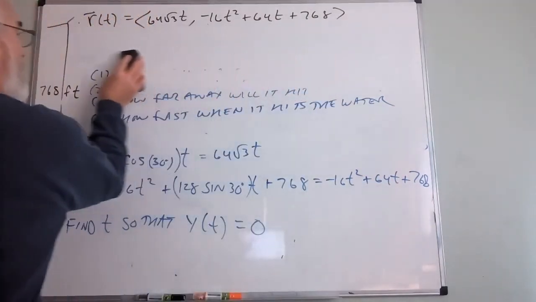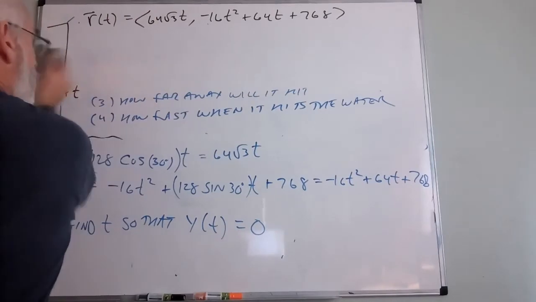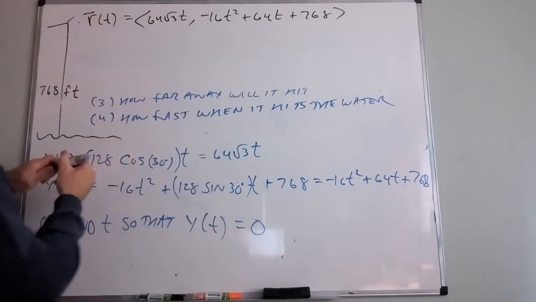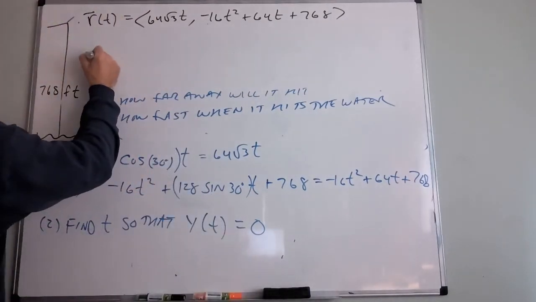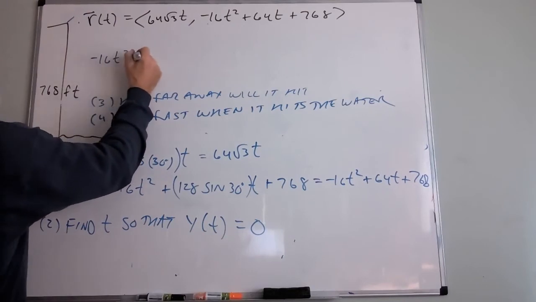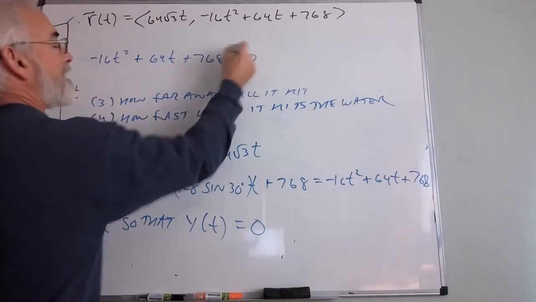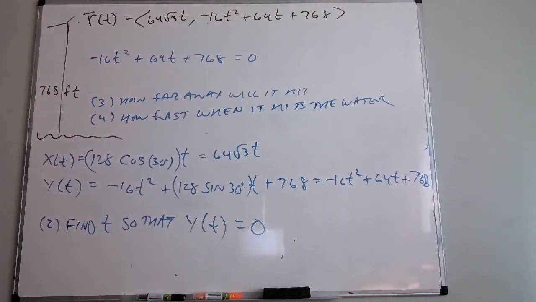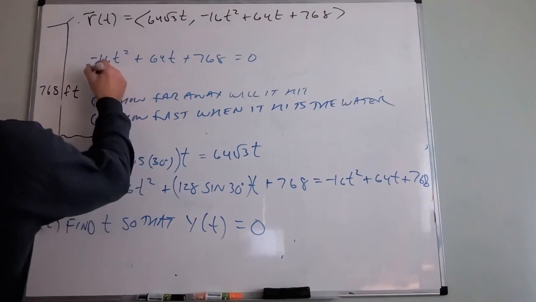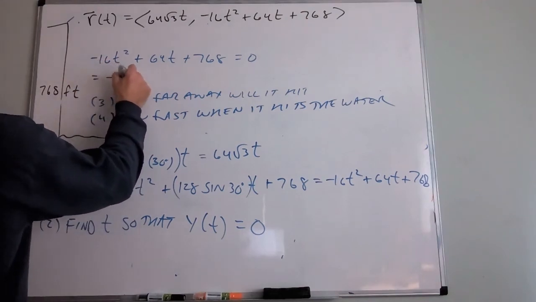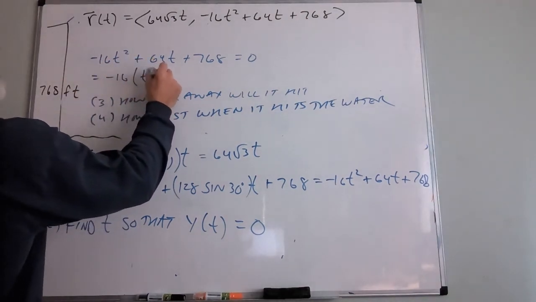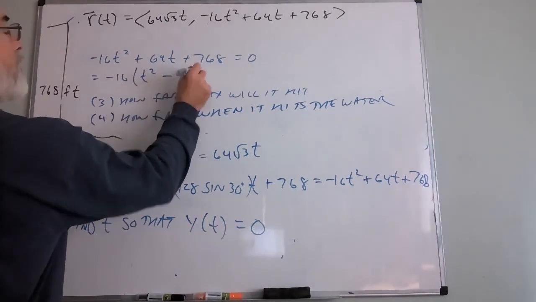So a little room here. Don't want to mess with my picture. That's really important. So I've got negative 16t squared plus 64t plus 768, and I want to set that equal to 0. And of course, I can use my quadratic formula. And then I can notice that all those numbers are multiples of 16. So if I factor out a negative 16, I get t squared minus 4t.